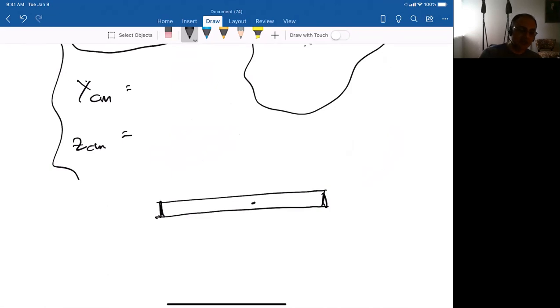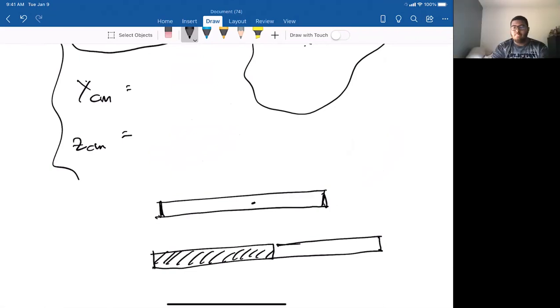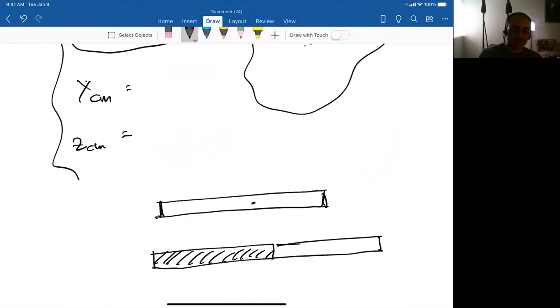If you have two uniform rods, one made of metal and you stick it to another rod made of wood or plastic, which is light, where do you think the center of mass of this composite rod is going to be? Somewhere within the metal part. Exactly, because wherever you have more mass, the center of mass will be closer to that region.